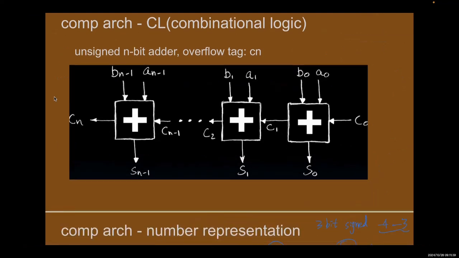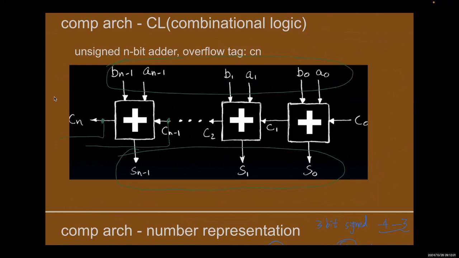The results stay the same, which is the benefit of 2's complement, and the overflow bit is Cn minus 1 and Cn, with an XOR here, which is the overflow.